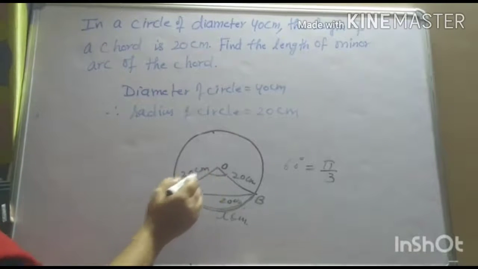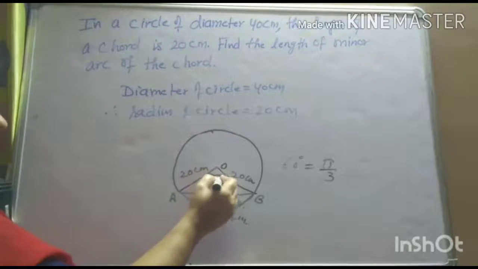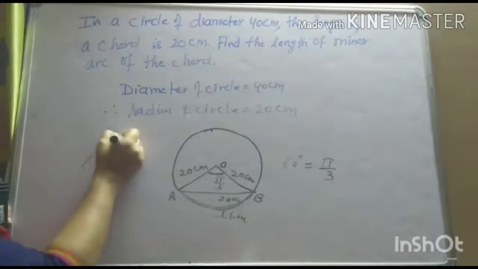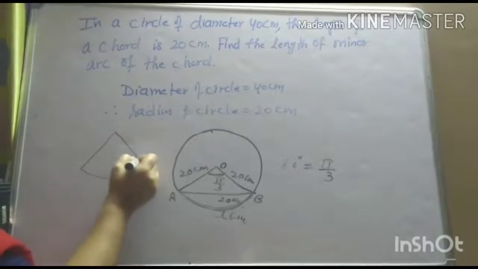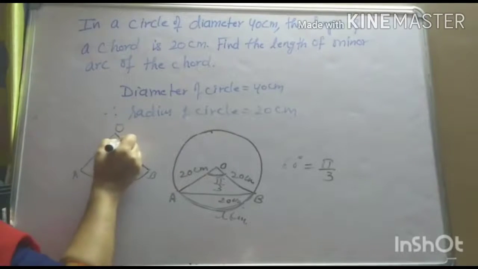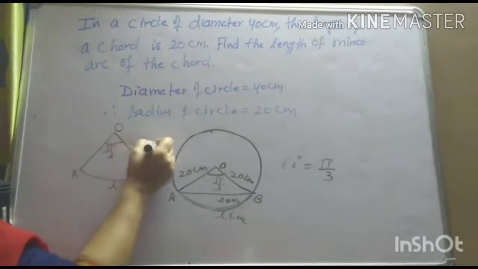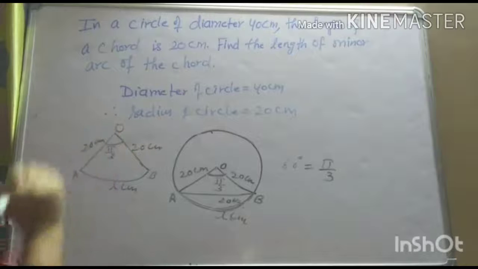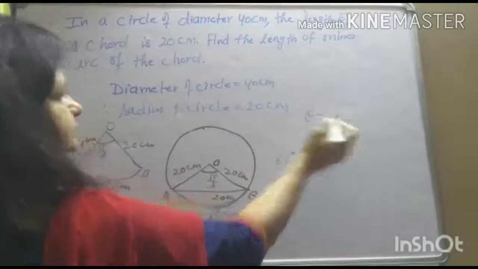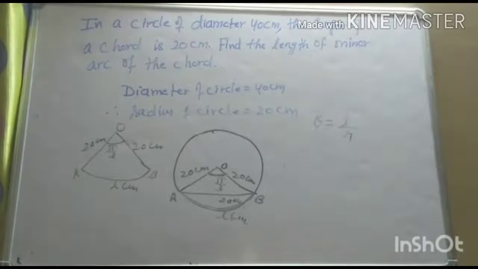And the radius is 20 centimeter. And this theta, this angle, is pi by 3 radians. So we have a figure like this. This is O, this is A, this is B, this is pi by 3, this is L centimeter, and this is 20 centimeter. So we can apply the formula theta is equal to L by R. Now put all the values.